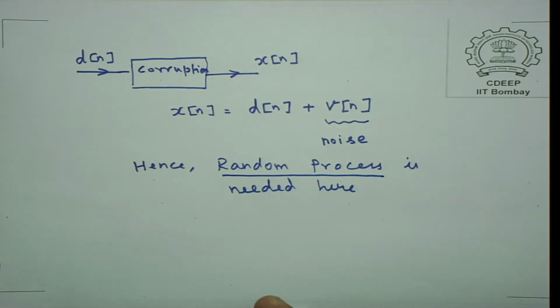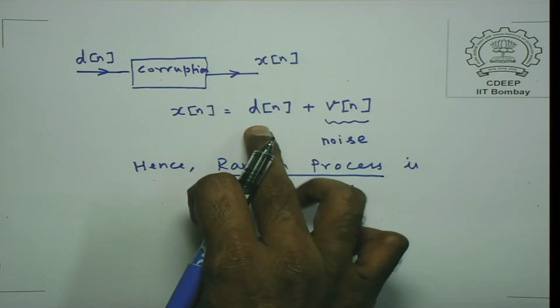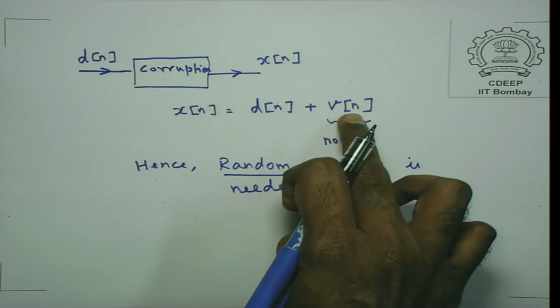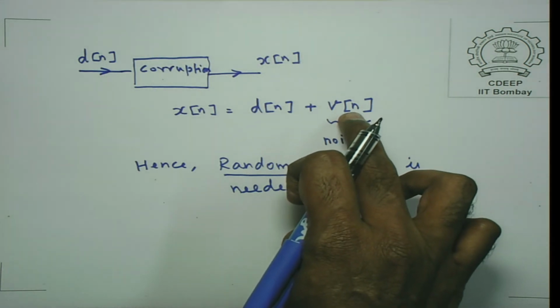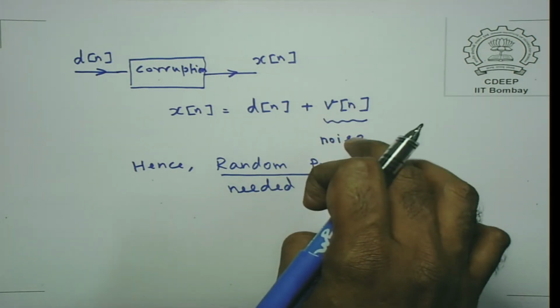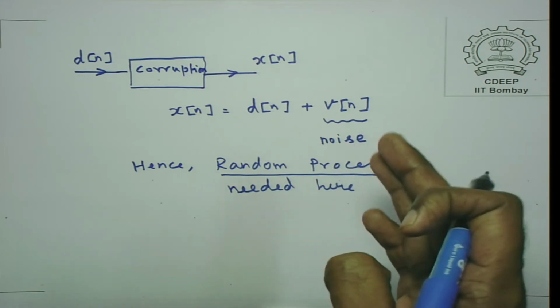So what we will see today is, for example, you are trying to measure temperature. So while the actual temperature may be a d of n, there could be noise due to the sensor which is being introduced. You could characterize in some way which could be the noise. We will have to see what kind of noise does the sensor introduce.